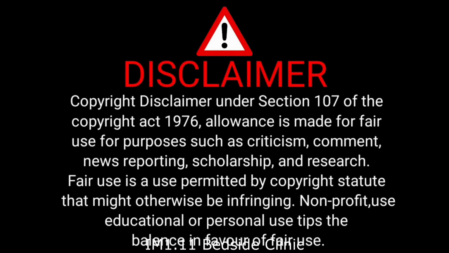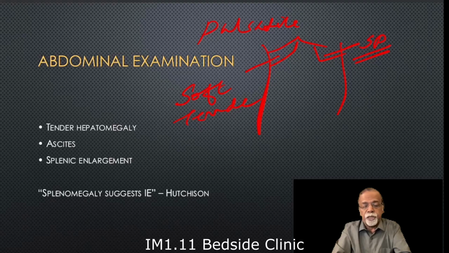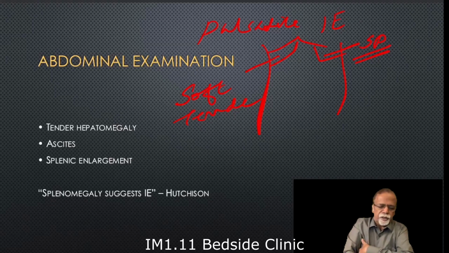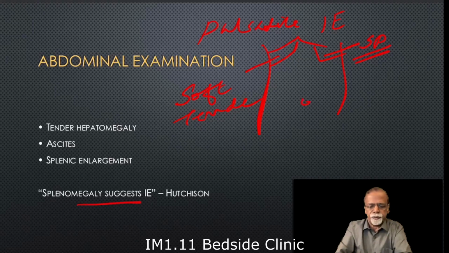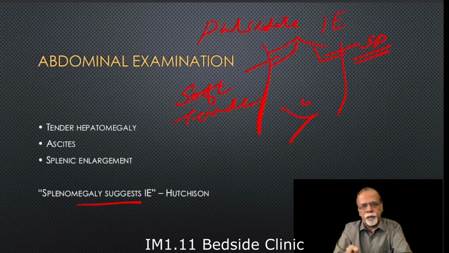Palpation of the spleen is important when you are suspecting infective endocarditis, especially subacute infective endocarditis. So as per Hutchison, splenomegaly suggests infective endocarditis. In the abdominal examination, rarely you may get fluid.